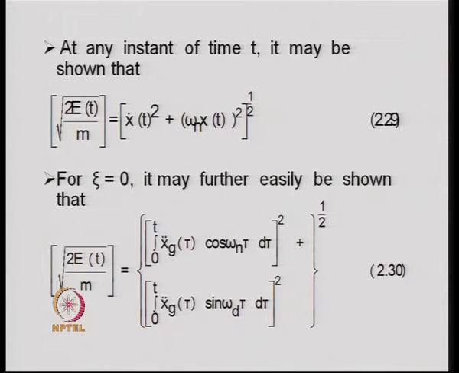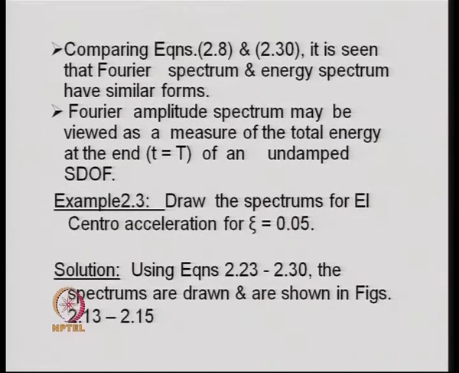So, we generally say that the Fourier spectrum and the energy spectrum have similar form. However, the Fourier amplitude spectrum may be viewed as a measure of the total energy at the end of time t equal to t of an undamped single degree of freedom system.